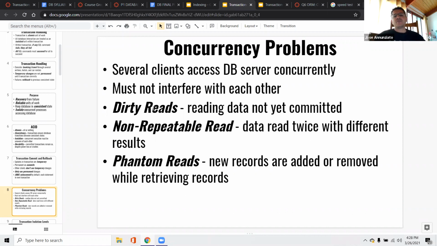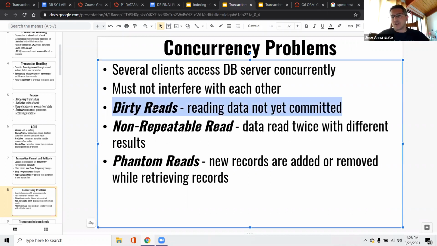Okay, so first of all, these are three very common categories of things that could go wrong. One of them is what is called a dirty read. A dirty read means that somebody might be making changes to a database. Perhaps they have started a transaction, and they're changing values.